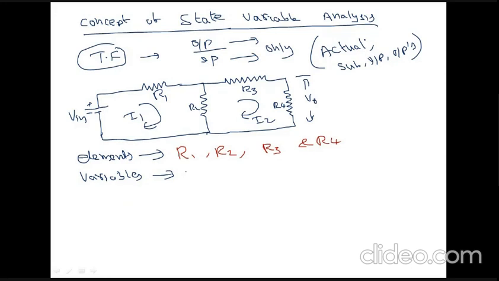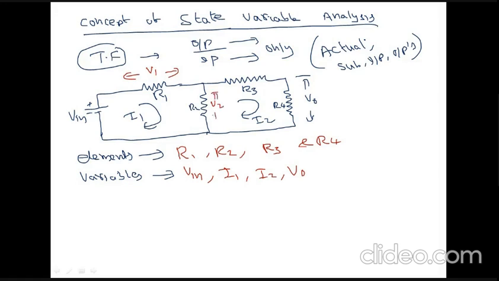And the variables are Vin, I1, I2, V0. So from the given notations, if you extract the variables, there are only 4 variables.